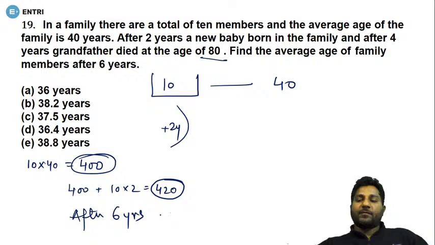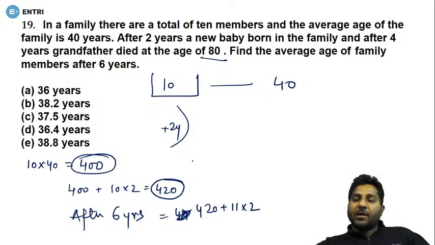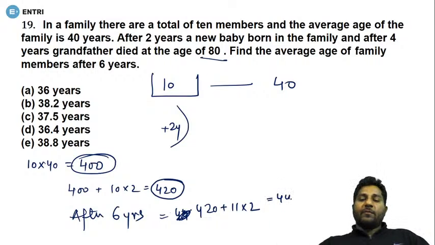After 6 years, it will become 420 plus 11 into 2, because one more person has been added, so it becomes 442. Sharat, 38.2 is the correct answer.